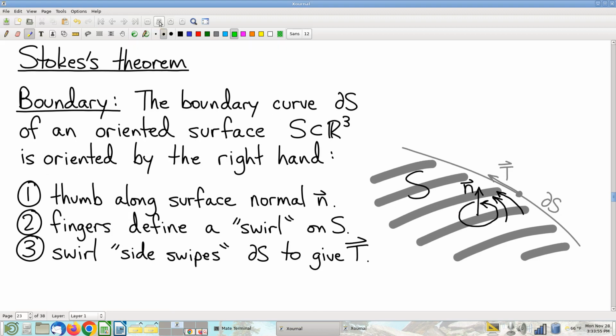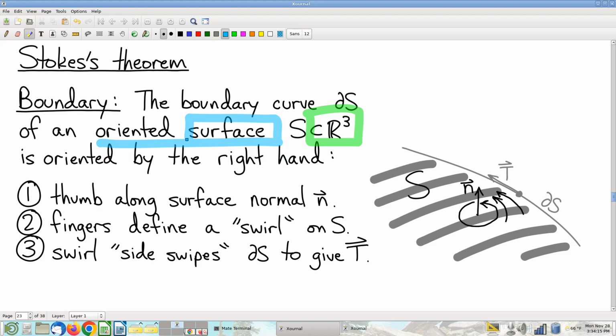Everybody on board? So again, the big difference is we're now in 3 dimensions instead of 2. Green's theorem is a theorem in 2 dimensions. So now in 3 dimensions, what remains is that we're still talking about a 2-dimensional thing, in this case what we would call a surface, a 2-dimensional thing in space.